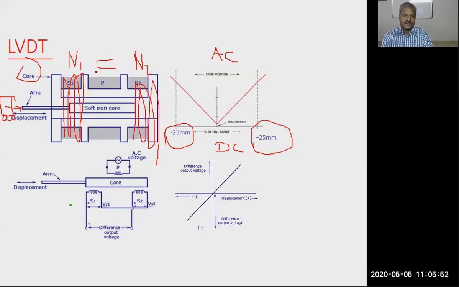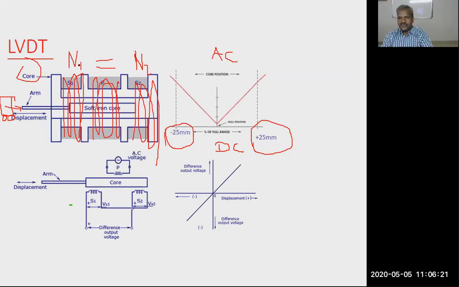The number of turns in secondary 1 and secondary 2 should be equal, whereas the primary coil turns may not be equal to N1 and N2. The primary coil is also wound on the hollow cylindrical core tube. These three coils are wound over the hollow cylindrical core.